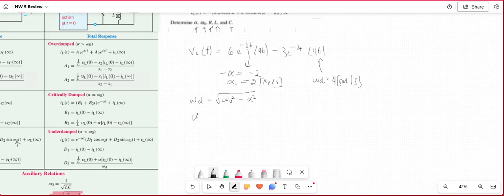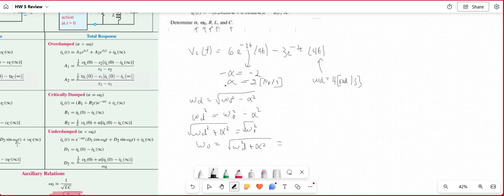Square both sides: WD squared equals W naught squared minus alpha squared. Then move the alpha to the other side: WD squared plus alpha squared equals W naught squared. Square root both sides: W naught equals the square root of WD squared plus alpha squared.